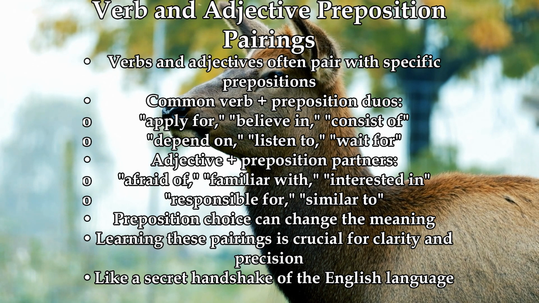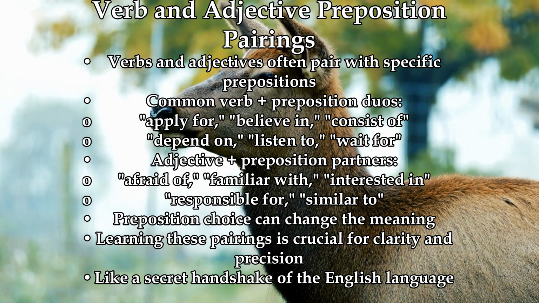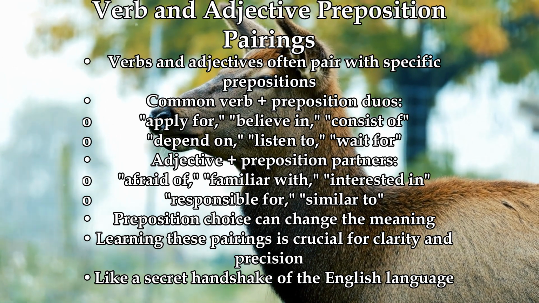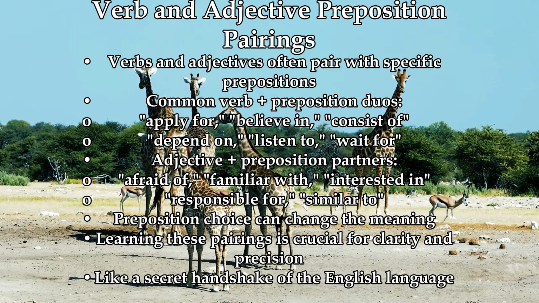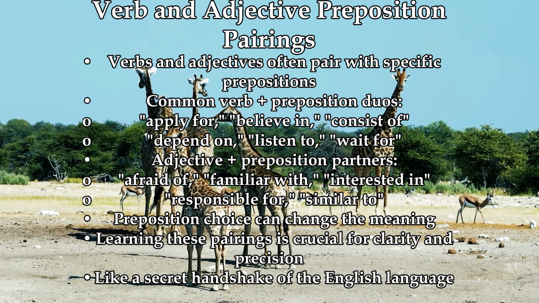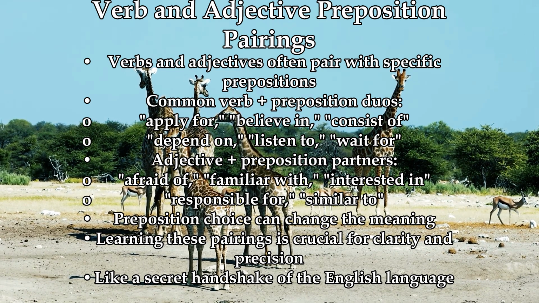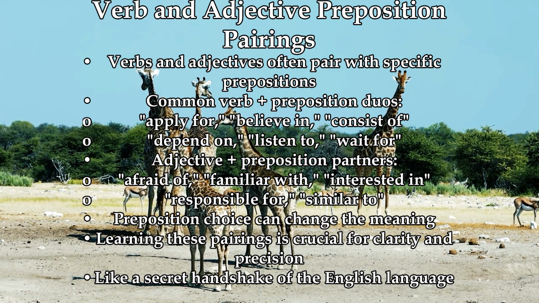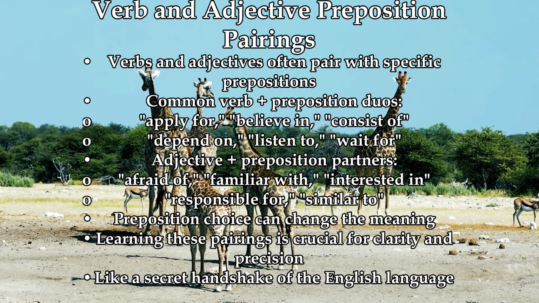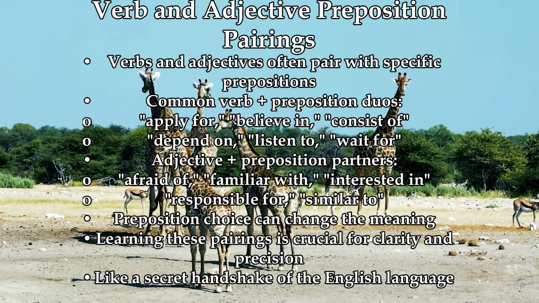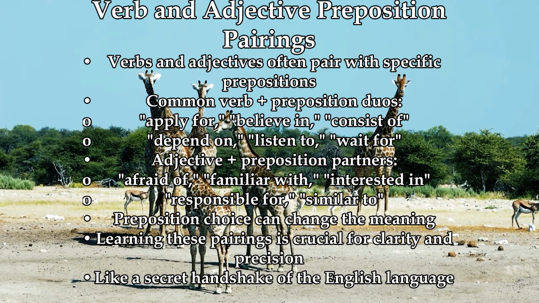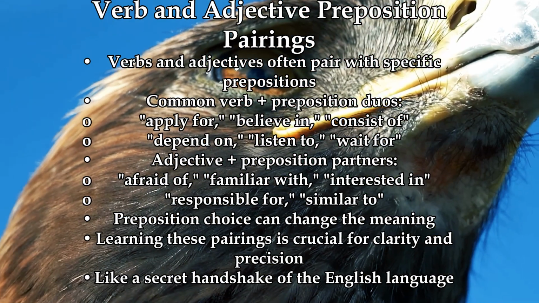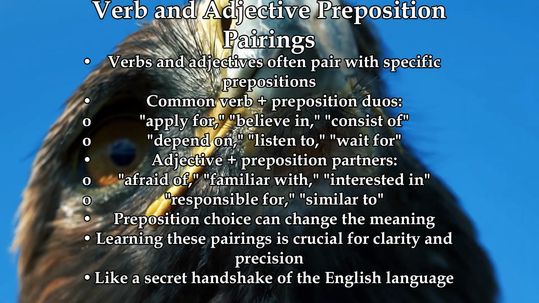Adjectives also have their preposition partners like afraid of something, familiar with something, interested in something, responsible for something, and similar to something. It's crucial to remember that the preposition used with a verb or adjective can completely change its meaning, like a secret code that unlocks a different interpretation.